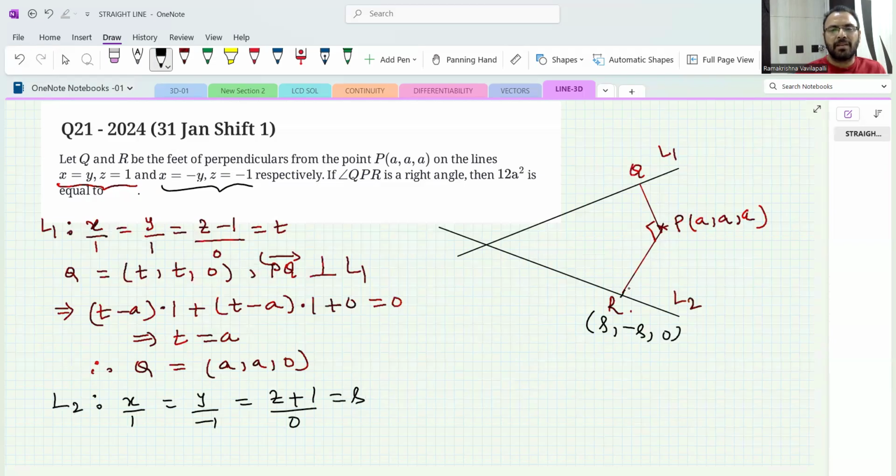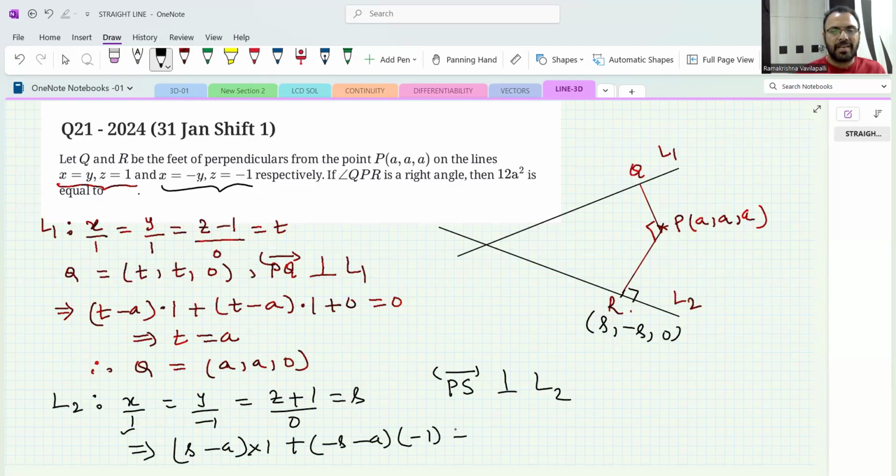Now PR is perpendicular to line L2, so again the dot product of DR vectors is equal to 0. So (s minus a) into 1 plus (minus s minus a) into minus 1 plus 0 equal to 0 implies s is equal to minus a.